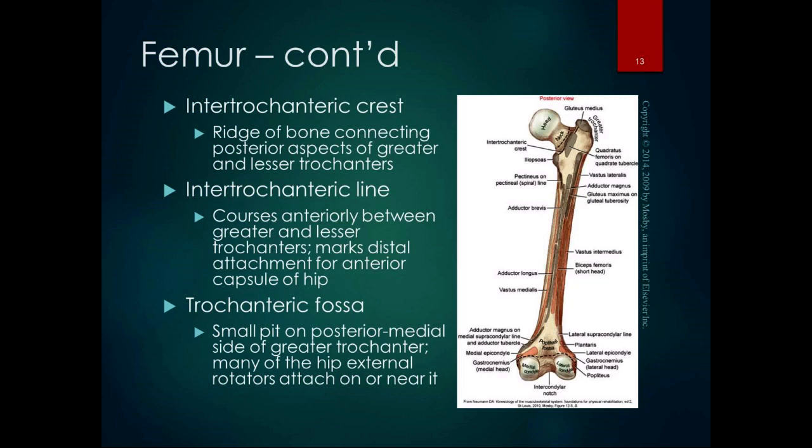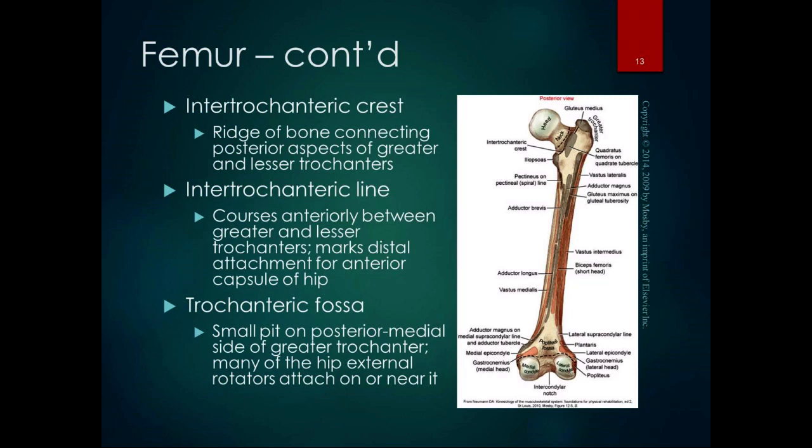It marks the distal attachment for the anterior hip capsule. On a bony landmark, it doesn't stick out like the crest does. It's almost an imaginary line if you were to draw a line between the greater trochanter and the lesser trochanter on the anterior portion of the femur, but it is where the joint capsule attaches anteriorly.